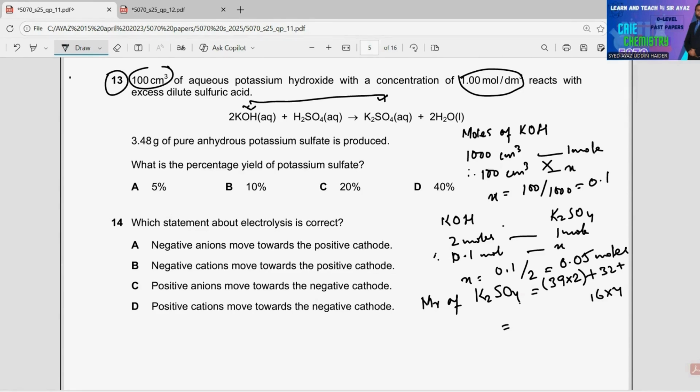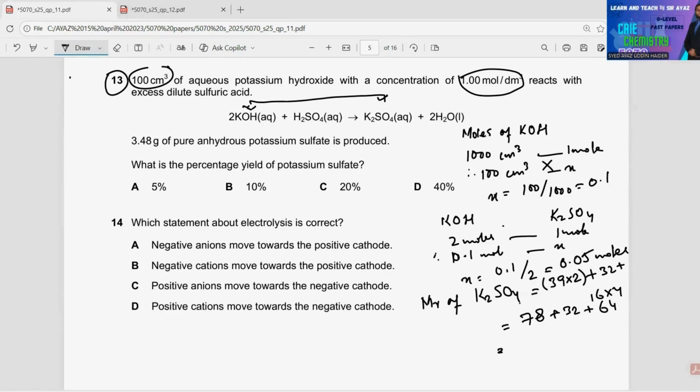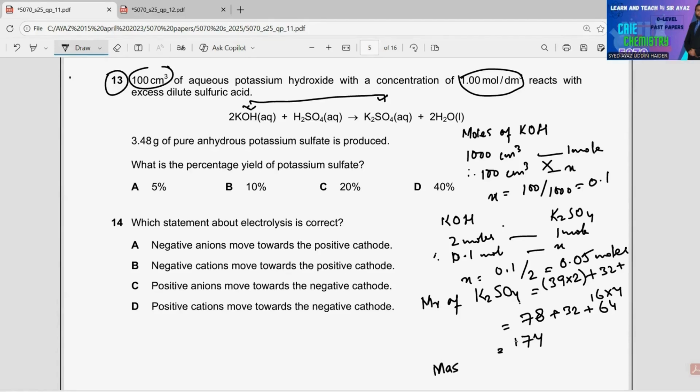This becomes 78 plus 32 plus 64, and we'll get 174. Now for the mass of K2SO4, we need to multiply the moles by the MR. Mass is equal to 174 into 0.05. What will we get?